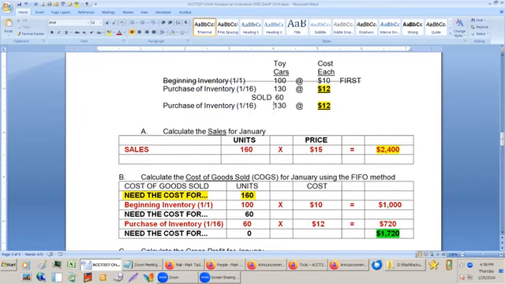So how many are left? 70? So sold 60. Cross that out.